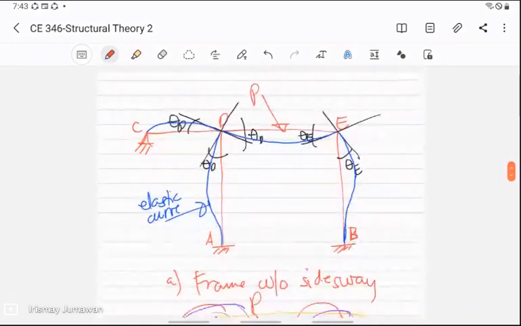Condition A, frame without side sway. So the side sway degree is equal to 0. So when you analyze each member, there's no translation. No translation, no rotation? A member can rotate but cannot translate.